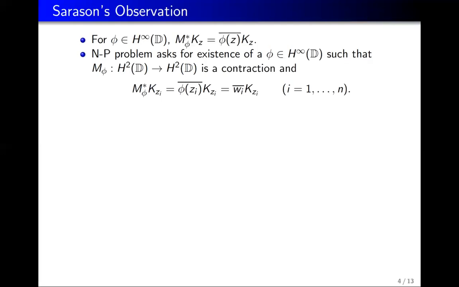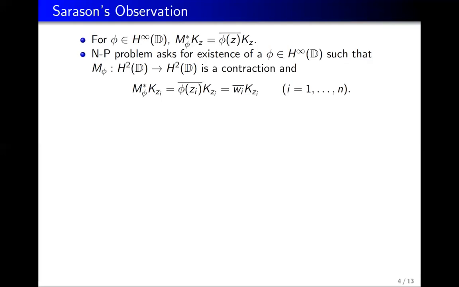So in particular, we are looking for a bounded operator M sub phi such that M phi star has this nice action on the finite dimensional space generated by the kernel vectors K z_i, i equals 1 to n, and that's a coinvariant subspace which we have seen earlier.